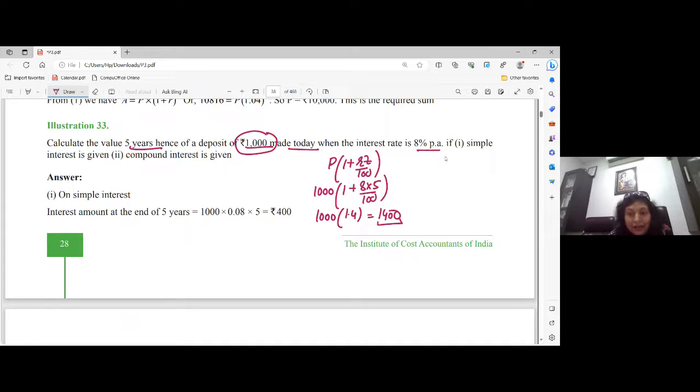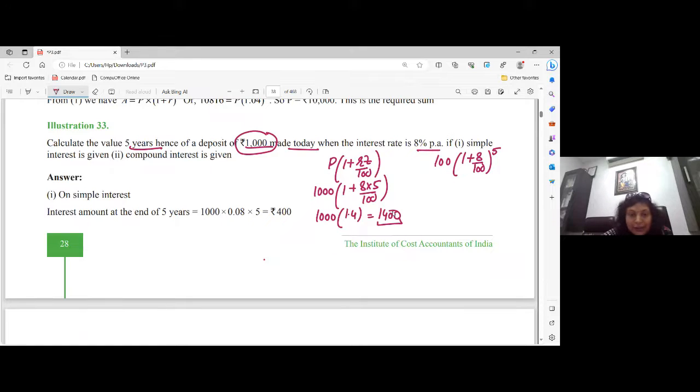And if you want to find out the amount in case of compound interest, then the formula is P(1 + 8/100)^5. So that is 1.08^5, minus 1, into 1,000. So that becomes 469 rupees.